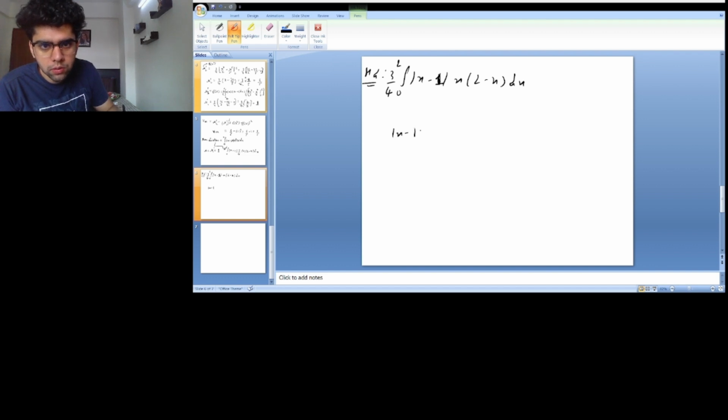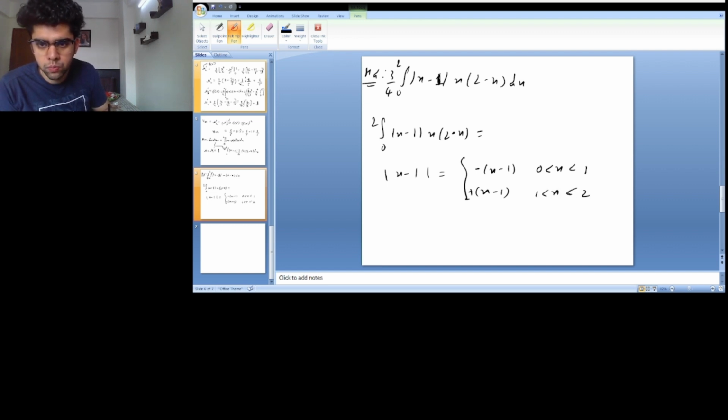x minus 1 mod, 0 to 2. Now this expression will be evaluated in two different parts, because x minus 1 mod is negative when x lies between 0 and 1, and this expression becomes positive when x lies between 1 and 2, right?